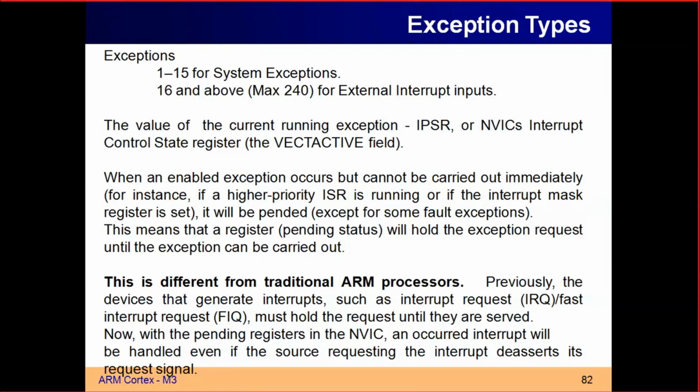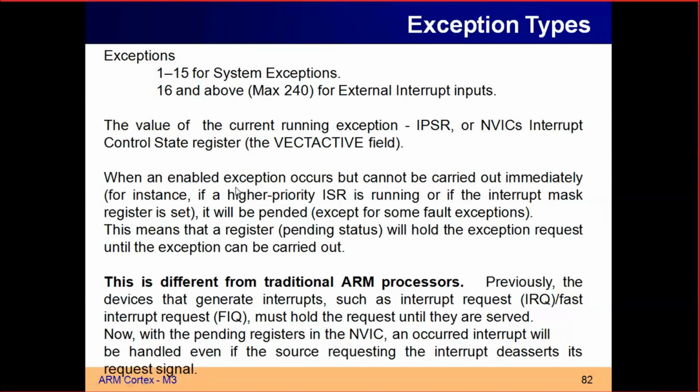What was that? Execution program status register. It shows the status of certain special instructions known as if-then-else and continuable instructions that we will see later, and the thumb state is also present there. So the currently executing interrupt number is available in IPSR, interrupt program status register.